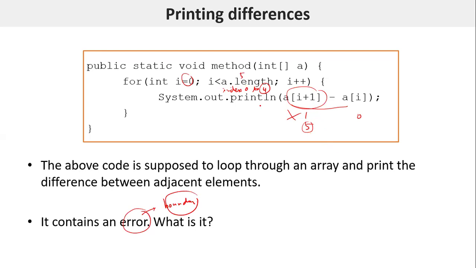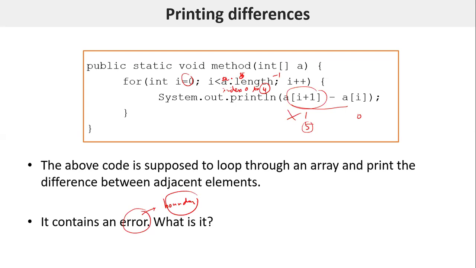How do you fix it? Less than or equal to. That means length of the array, okay? No, not less than or equal to. This is, yeah, that means length, no, length minus 1. The best way to fix it is length minus 1.